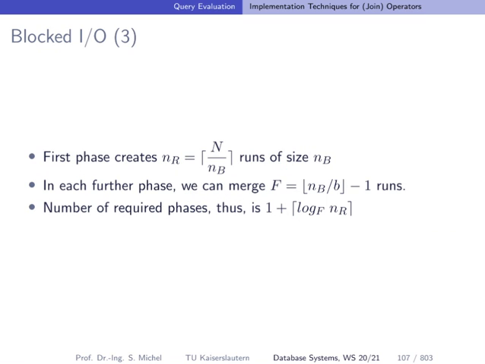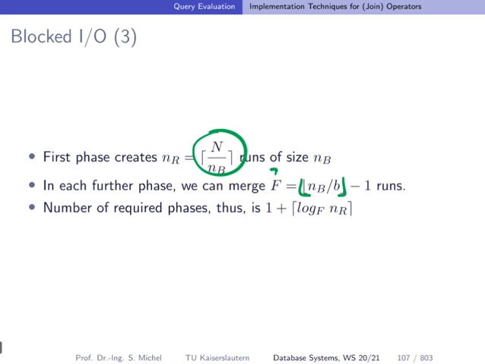So now the numbers changed a bit, of course, or the equations changed a bit. So we have now in the first phase still N divided by NB runs. That's the same as for the traditional external sort. But now we have not NB minus 1 runs that can be merged together at one point, but we have floor of NB divided by B, minus 1 runs that can be merged together.